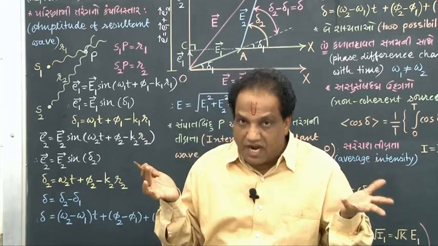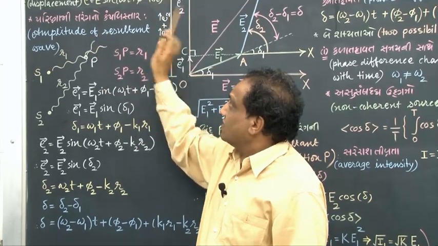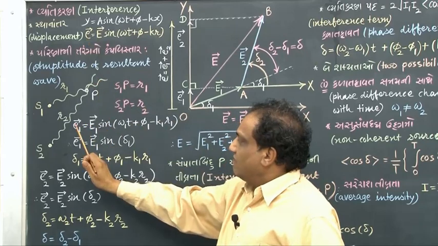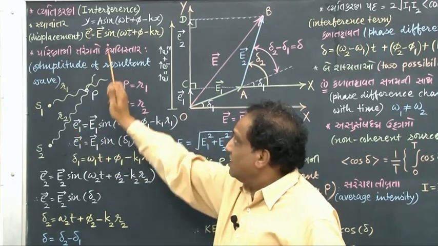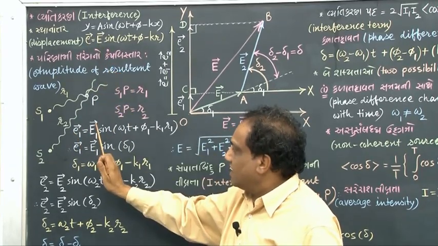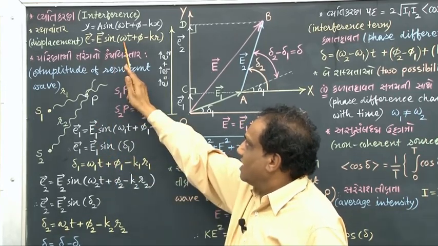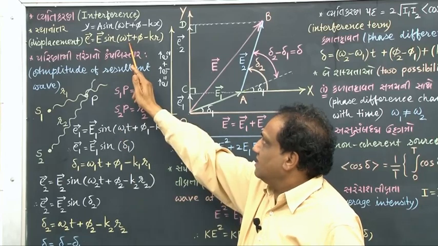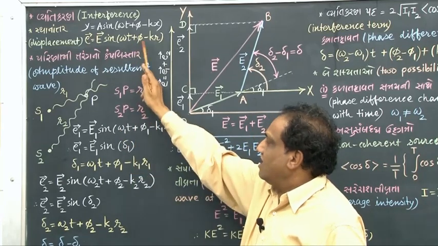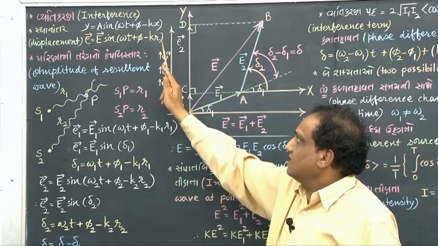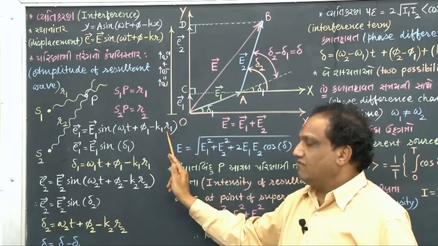That is what we want to write using this wave equation. Come on. Instead of vector e, I am putting vector small e1. Instead of vector capital E, here I am writing vector capital E1. Sine, instead of omega, I am writing omega 1, t as it is. Instead of phi, I am writing phi 1, minus, instead of k, I am writing k1. Instead of r, I am writing r1.